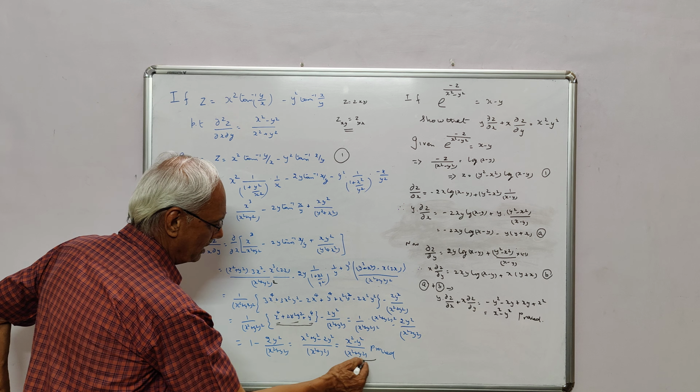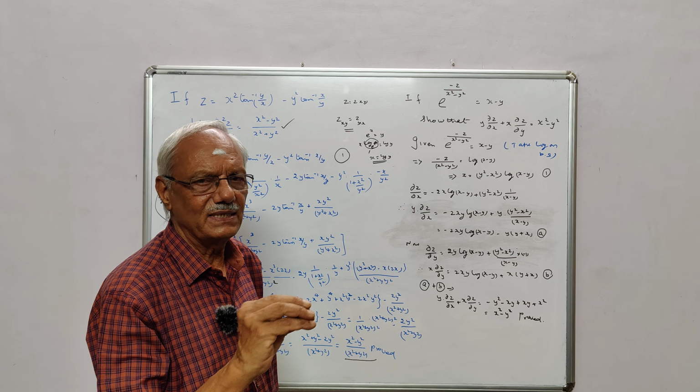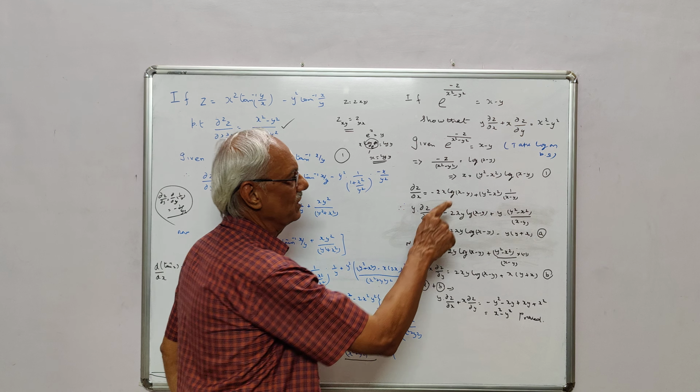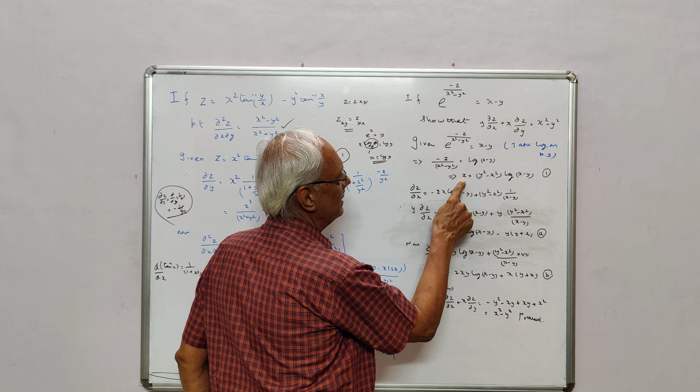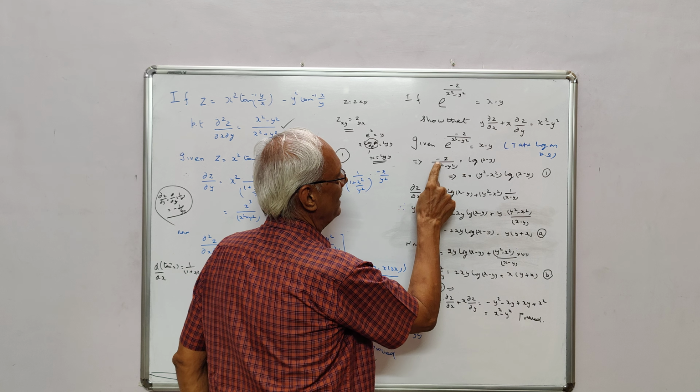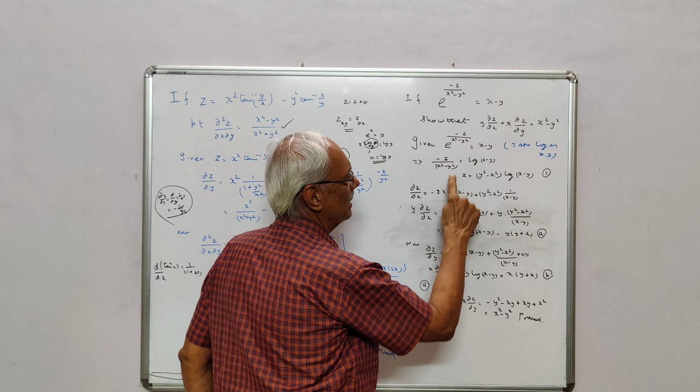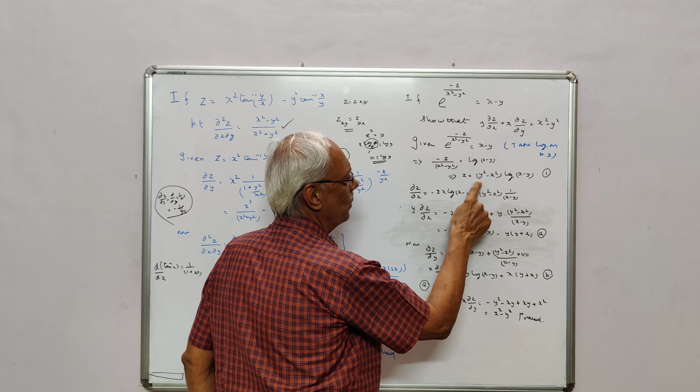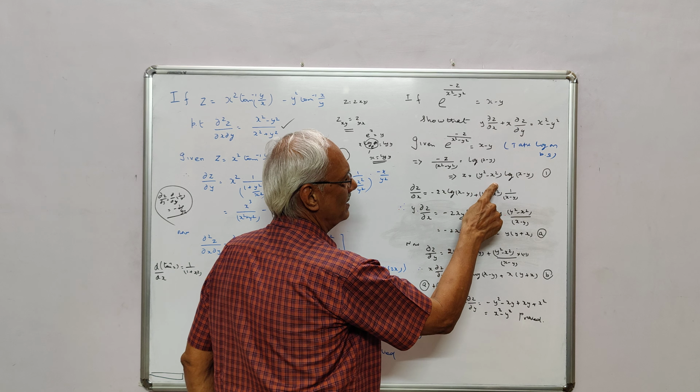So from this I get the value of z is equal to minus of this. When you take this minus inside, it will be y squared minus x squared. That is small sign manipulation here. So z is equal to y squared minus x squared into log of x minus y. Take that as 1.